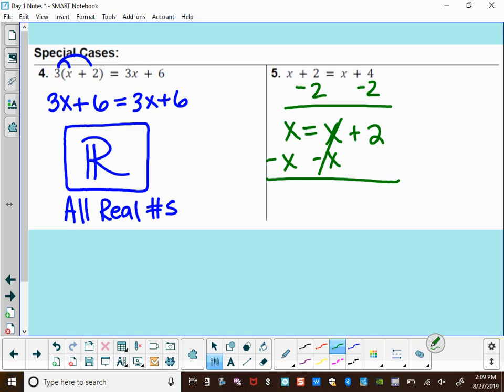Imagine it's like 2 minus 2, right? There's nothing left. Is it possible for 0 to equal 2? No. So this is no solution. You can write it all out if you want to, just to have fun. So that means that we did all of our work right, but there's no solution.